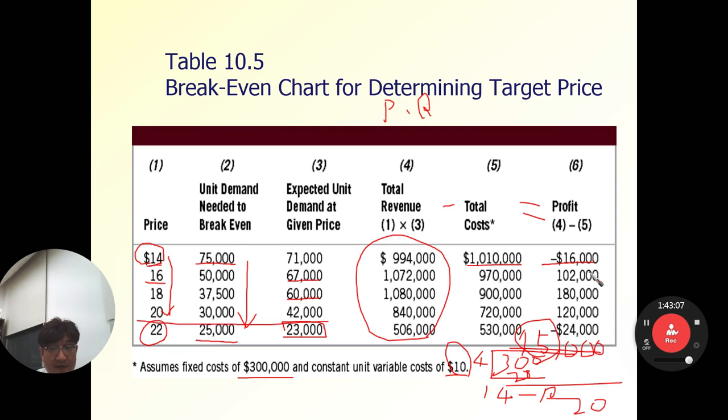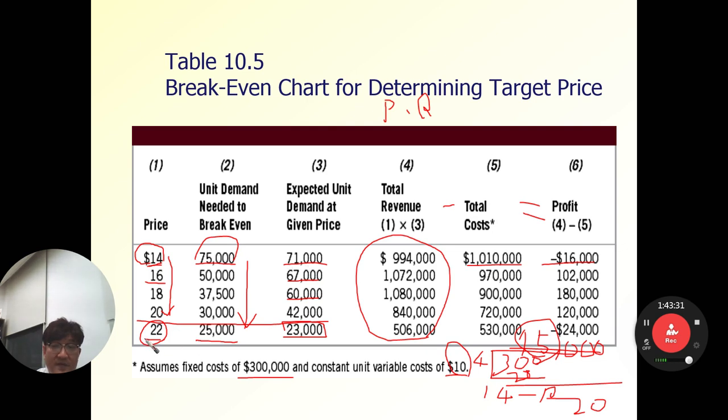So what is the problem with increasing the price like this? Again, if you increase the price, your break-even point, I'm not going to calculate this one over here, but it's going to be a lot smaller. However, the break-even point is 75 and the demand is 71.